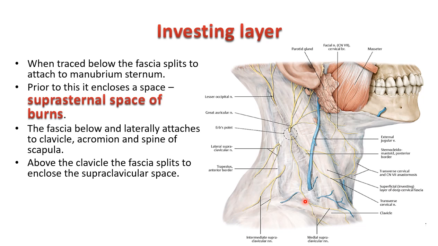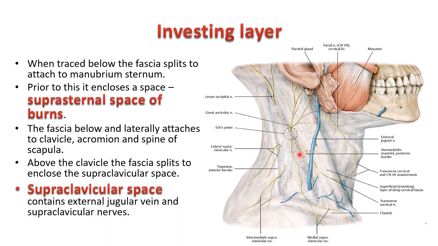It splits to enclose one muscle which is running here, called the inferior belly of the omohyoid muscle. This space is again pierced by the external jugular vein. So what is superficial pierces the fascia, and then it drains into the subclavian vein. One more structure is the supraclavicular nerves.